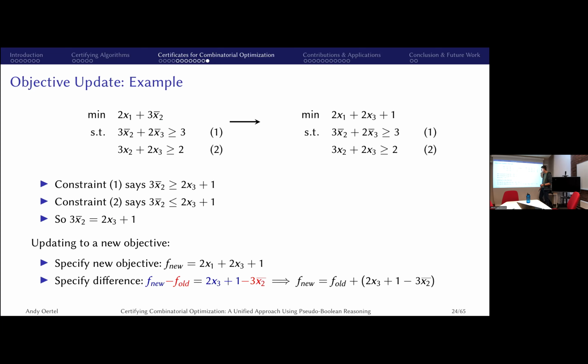The difference in this case would be 2x3 plus 1 minus 3 not x2. The difference is basically just stating the terms that are added to the new objective minus the terms that are removed from the old objective. And then if we add this difference to the old objective, we get the new objective.